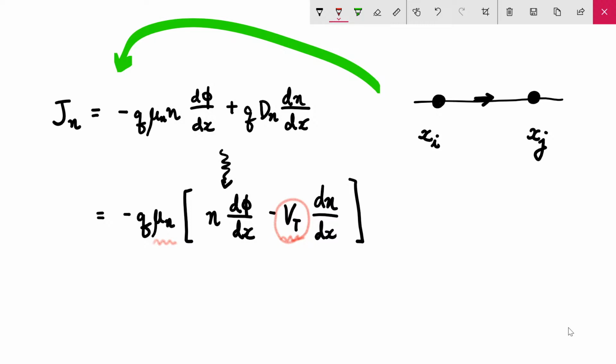But I wanted to tell you how I remember this one. You may find that there is something positive, something negative, and a Bernoulli function, so it is quite difficult to memorize.